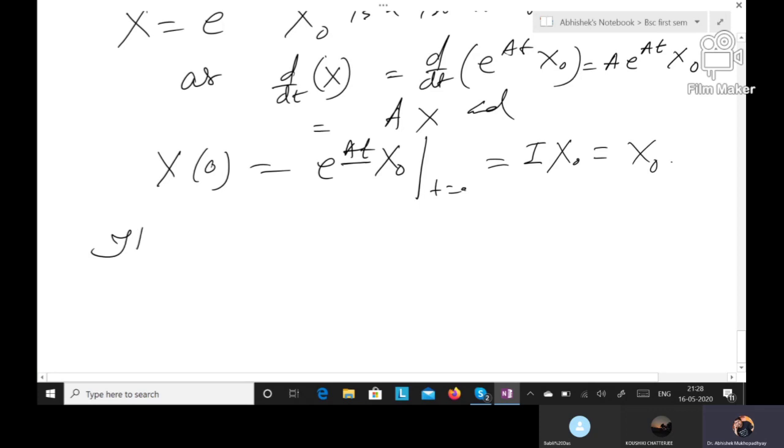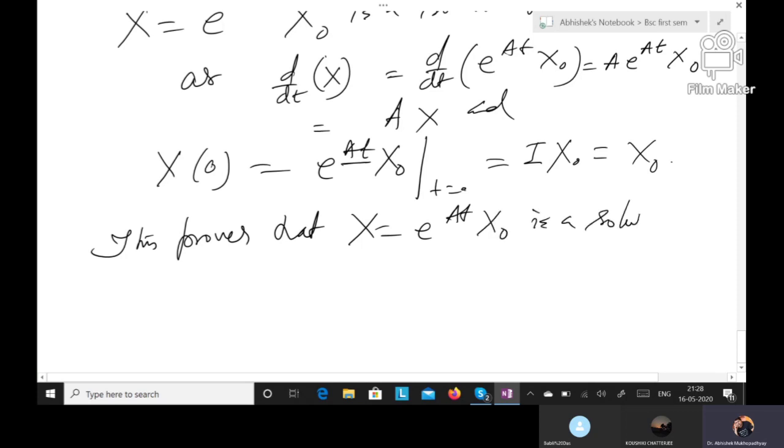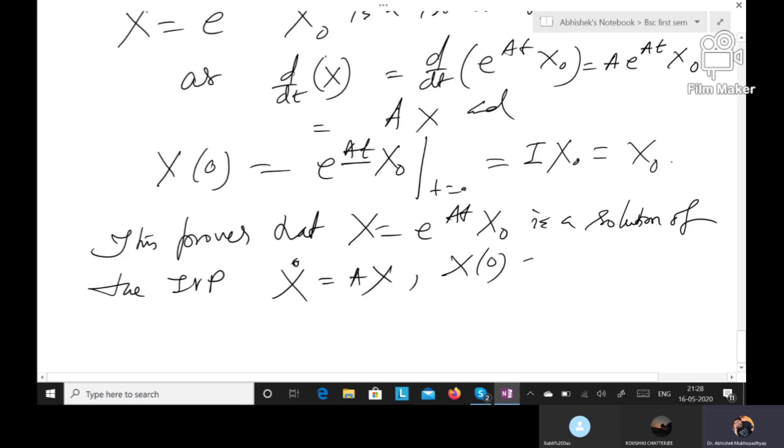And this proves that X equal to e to the power At X naught is a solution of the IVP X dot equal to AX with respect to the initial condition X at 0 equal to capital X naught.